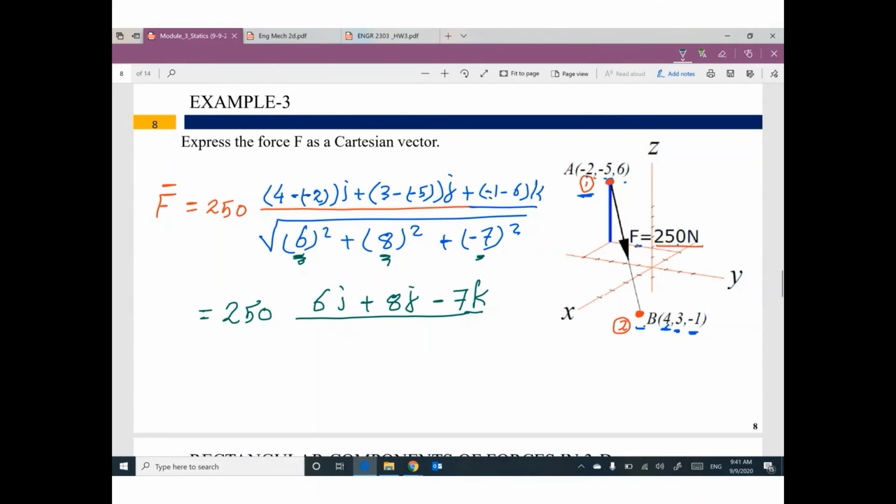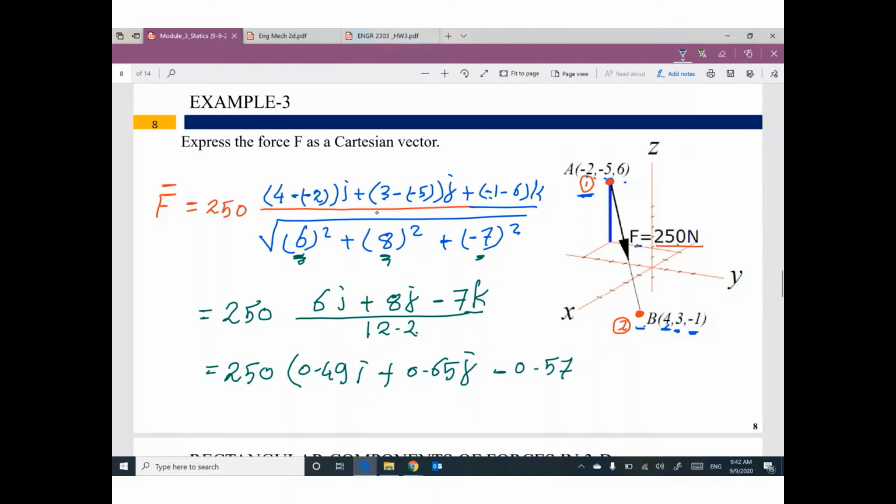This one will be 12.2. More simplification, 250 times 6 divided by 12.2. This one will be 0.49i plus 8 divided by 12.2. This one will be 0.65j minus 7 divided by 12.2.